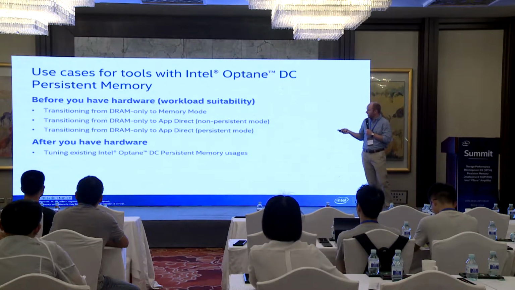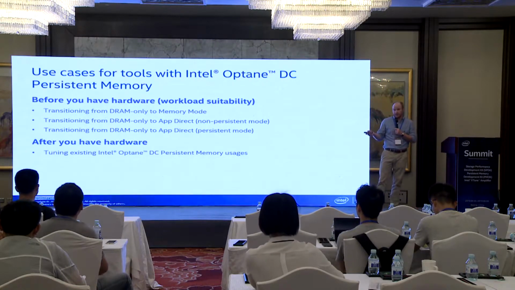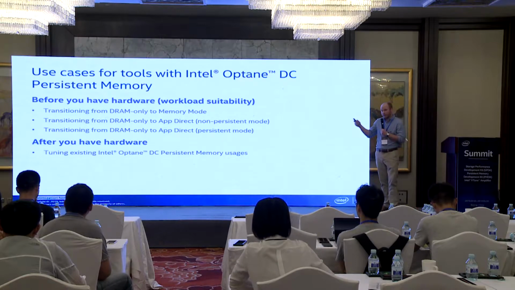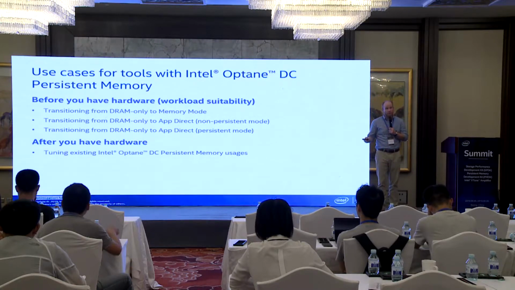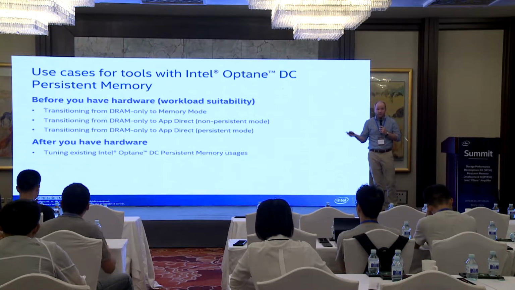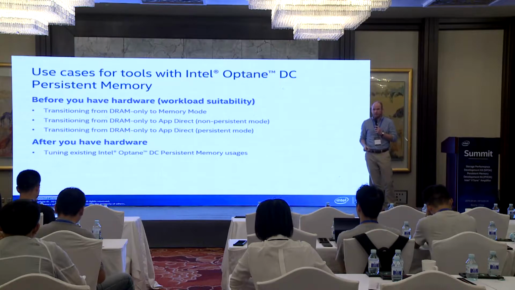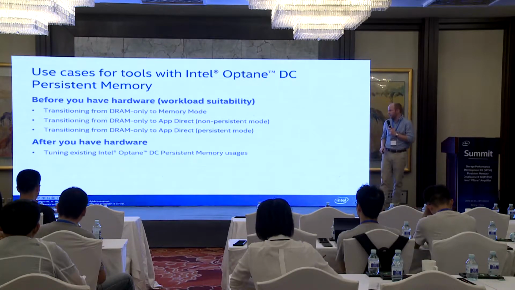We'll help you understand what you can do when transitioning from a DRAM-only system to memory mode. We talked about briefly what memory mode is, and also transitioning from a DRAM-only system to app direct mode, where you're manually choosing which objects to put in DRAM and which objects to put on the Optane DC persistent memory.